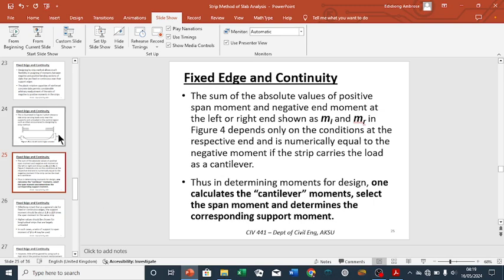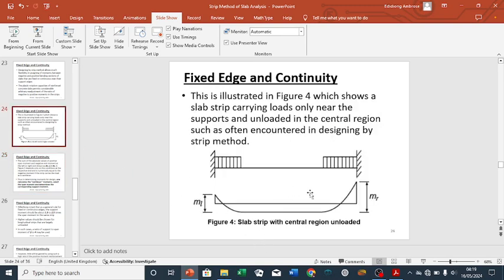What it means is that if you have a span moment, the sum of the span moment and either the support moment at the right or the support moment at the left will be equal to the moment you would have if you cut the beam at the middle and treat one side as a cantilever load.